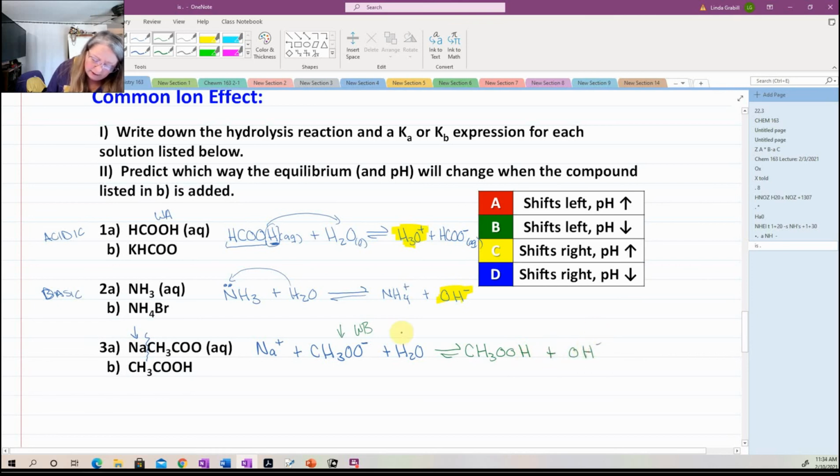So I've taken a hydrogen from my water and added it to that negative ion. So I have made this thing basic. So let's see what's happened here. I'm starting off with an acidic solution, a basic solution, and a basic solution.